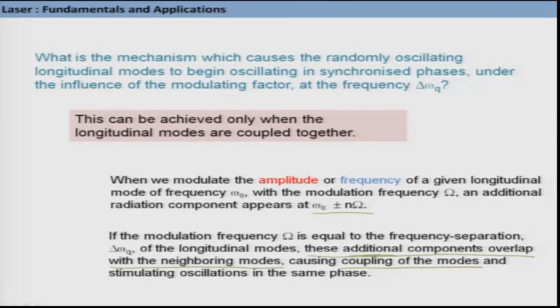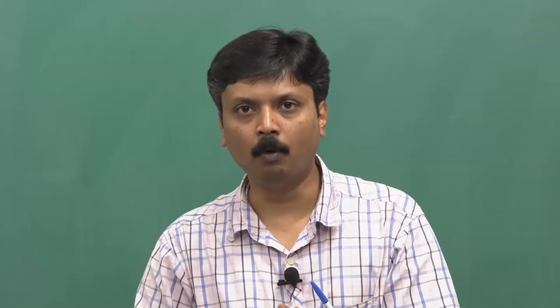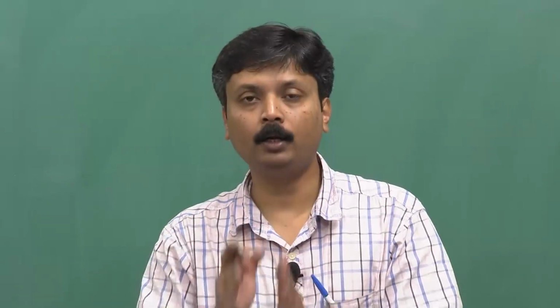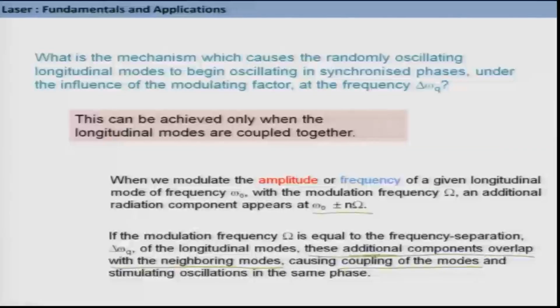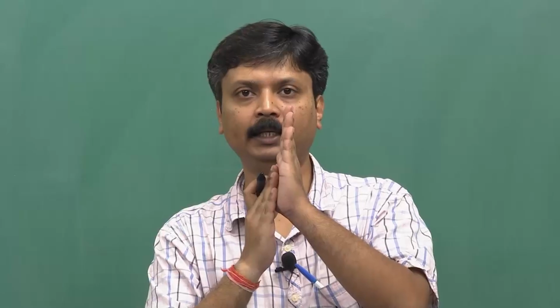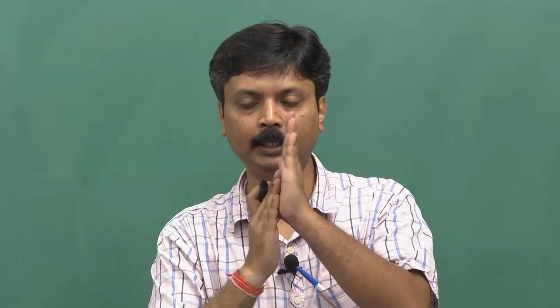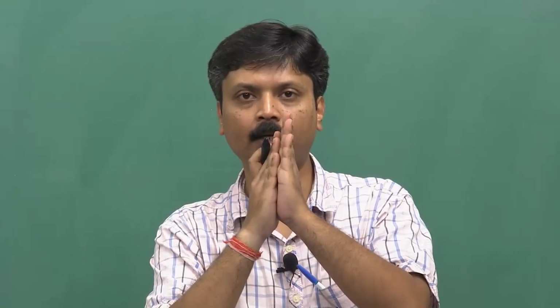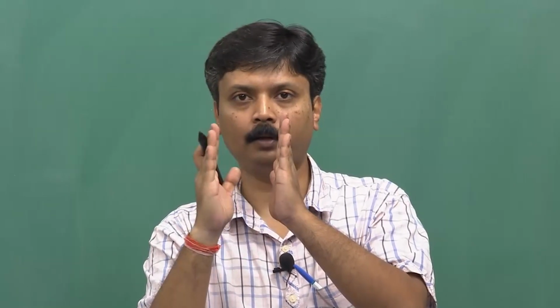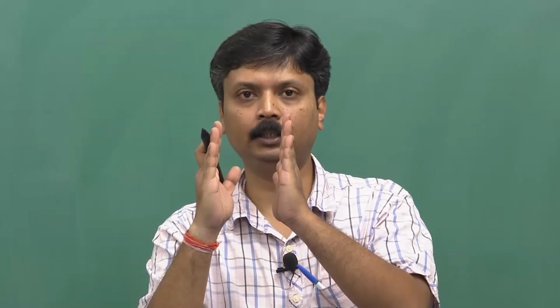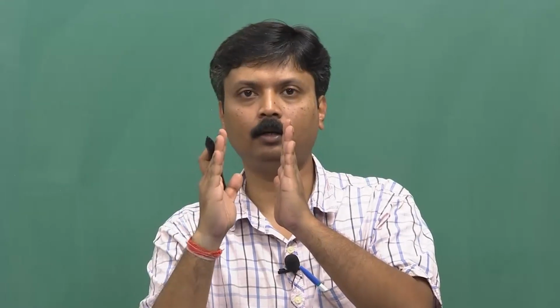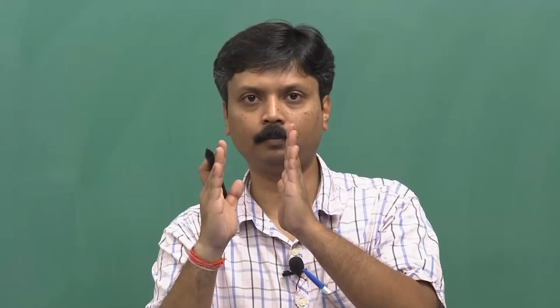I am allowing the creation of the side bands exactly in the positions of neighboring modes. So this is mode 1, mode 2, 3, 4, and I am selecting mode 1 as my carrier frequency, that is small omega 0, and then I am creating omega 0 plus capital omega, which is at the next mode position.